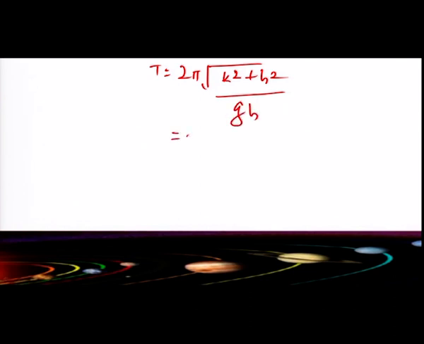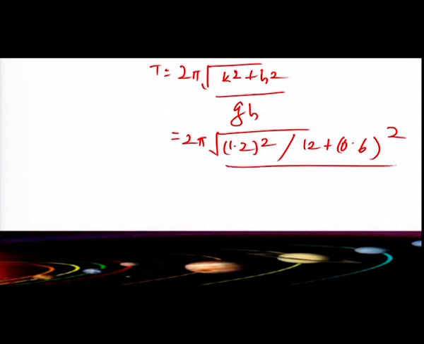So, therefore, that is equal to 2 pi, you substitute the values, 2 pi root of (1.2 the whole squared divided by 12 plus 0.6 the whole squared) divided by 9.8 into 0.6 into 0.6.